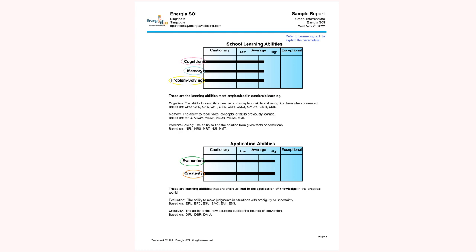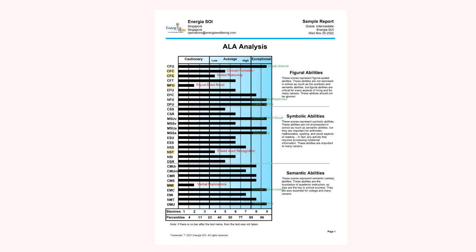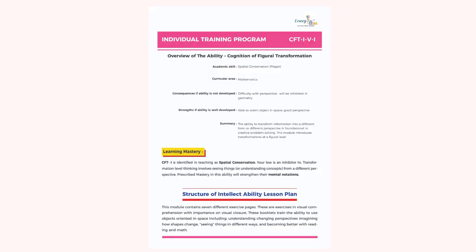So for example, let's say this person took this test and got a cautionary score in CFT. The CFT score is in stanine 2 over there. Structure of Intellect actually has workbooks that correspond to that type of thing.